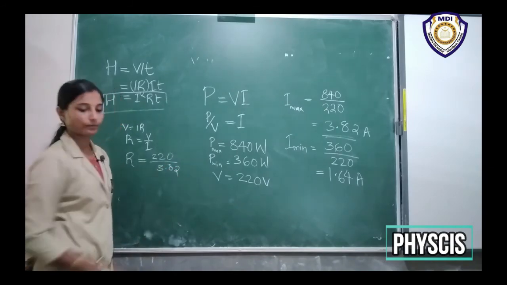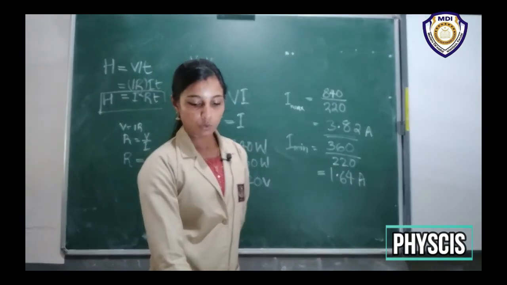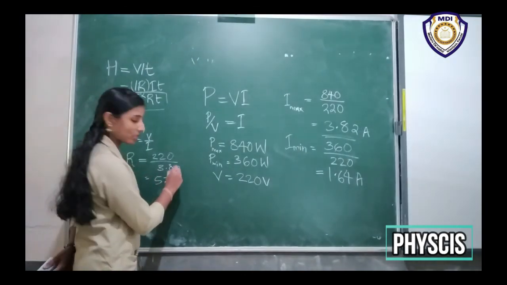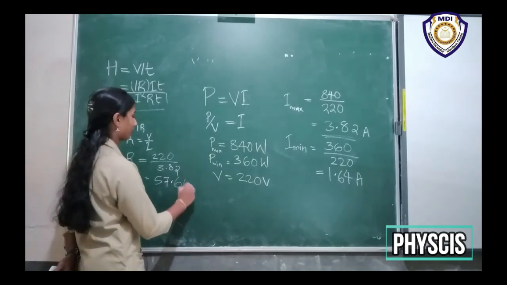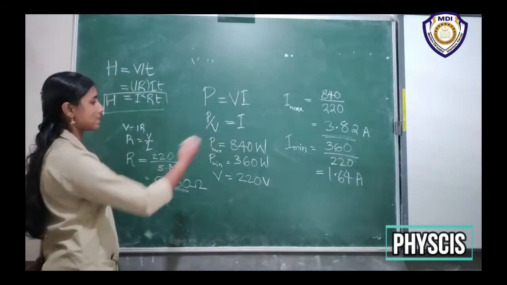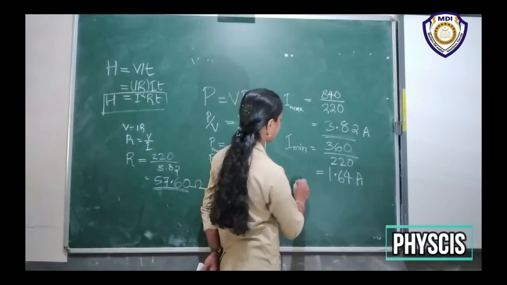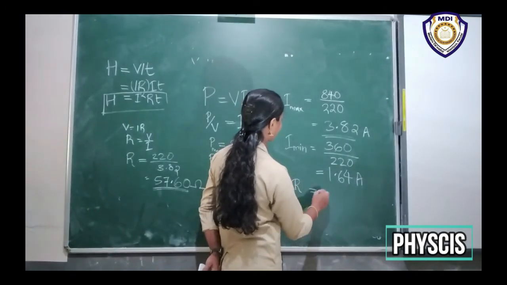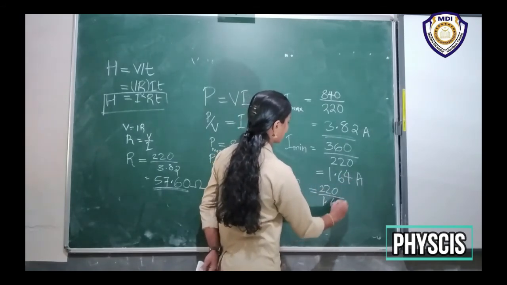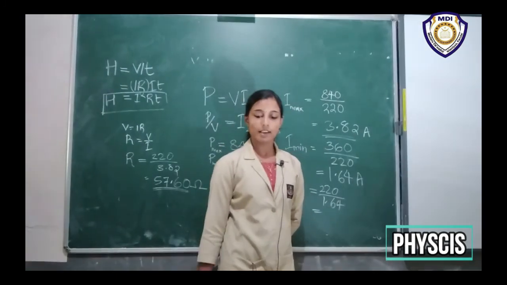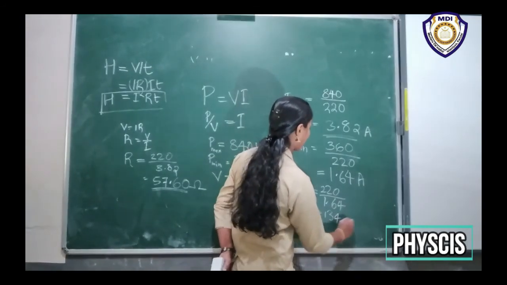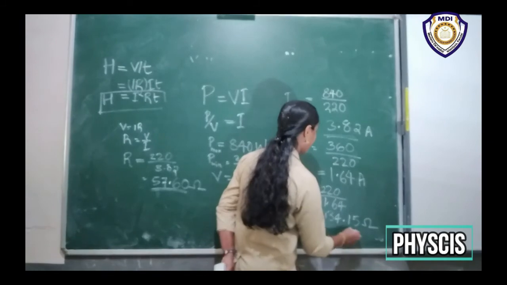Okay, so what is the value? 220 divided by 3.82 will give 57.60 ohm. Okay, and when we have minimum heating, then we can write R is equal to V by I, that is 220 divided by 1.64, what is the value? 134.15 ohm.